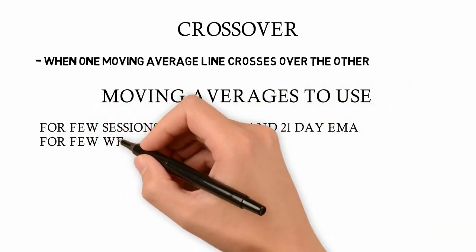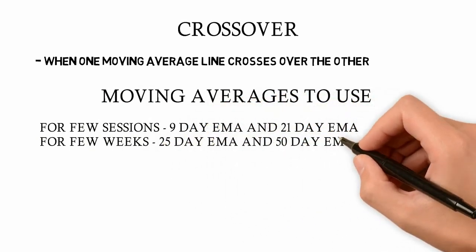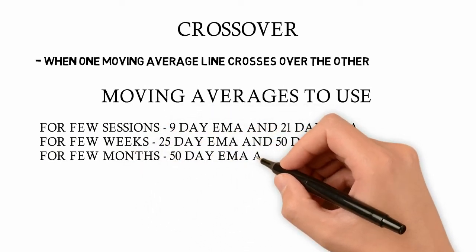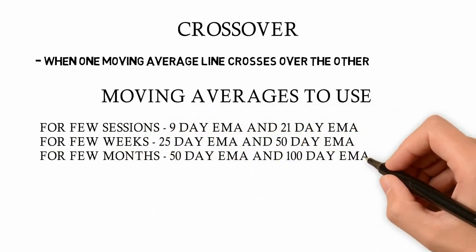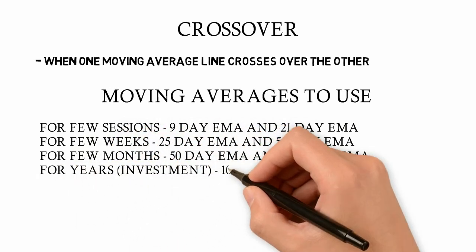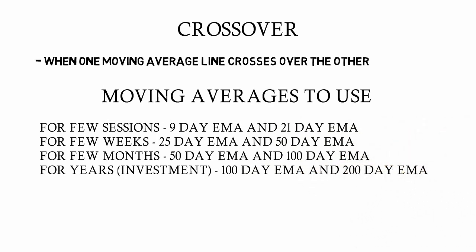For trading in few weeks, 25-day EMA and 50-day EMA can be used. For trading in months, 50-day EMA and 100-day EMA can be used. For investment purposes, 100-day EMA and 200-day EMA can be used.